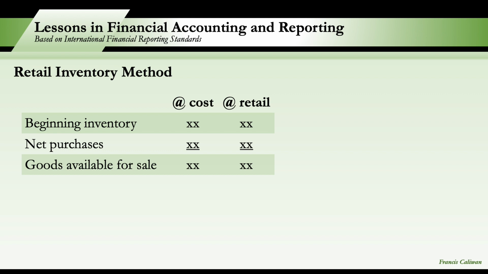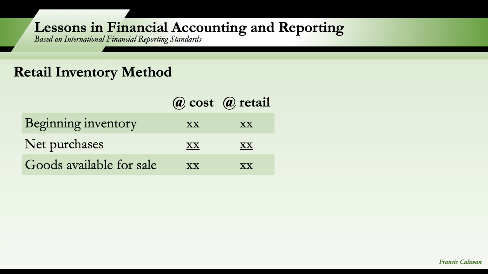That's why the retail inventory method requires the maintenance of records of purchases at both cost and retail price or selling price. So as you can notice in the given table, we have two columns, no? The cost and retail. So for beginning inventory and net purchases, and ultimately for goods available for sale, we have the cost column and the retail column.